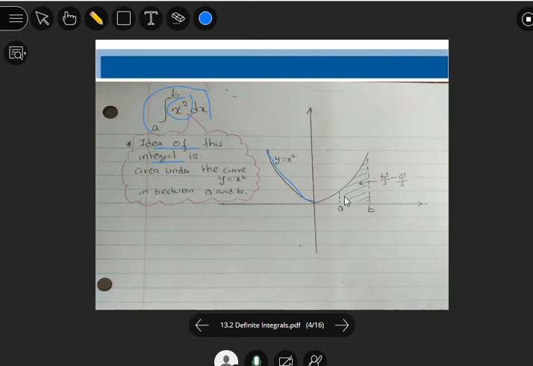So you can see this blue colored region. This is my lower limit a, and this is my upper limit b. So the definite integral in between a and b gives the area under the curve y equals x squared in between a and b.